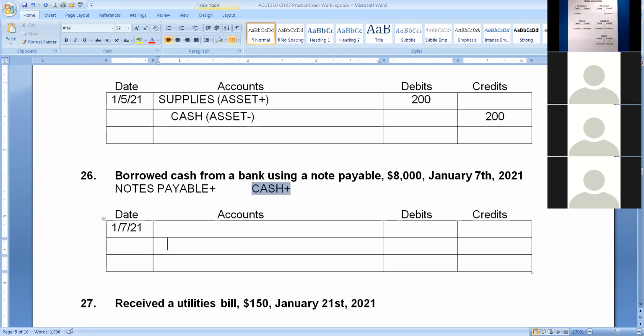Makes sense. 8,000. So we know the other side is going to be cash. So cash is an asset. It's going up. Debit.